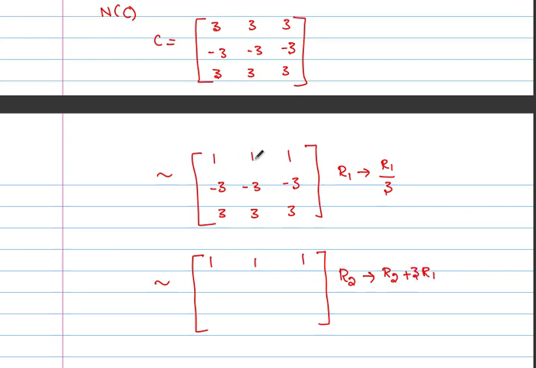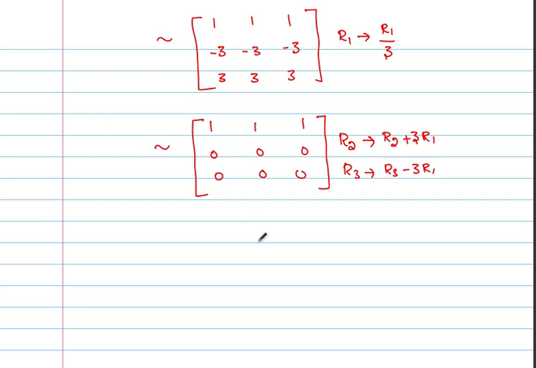So it becomes 3, 3, 3, and if you add, you will get 0, 0, 0. Then R3 becomes R3 minus 3R1, so then everything will become 0. Now you take this as the matrix U2. The null space of C equals the null space of U2, both are the same.